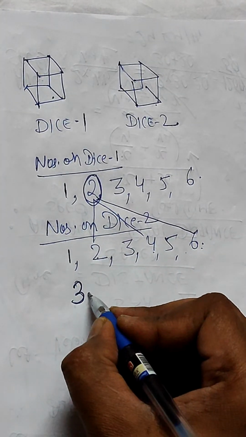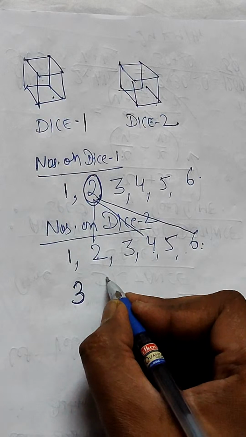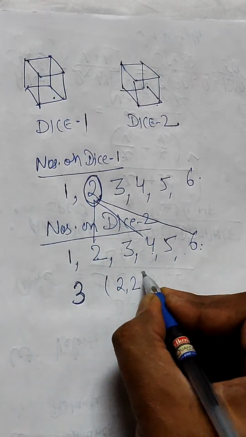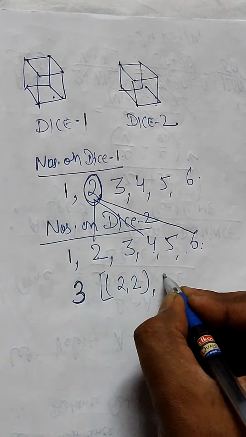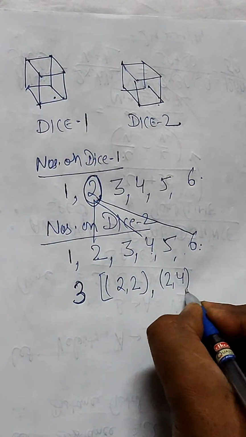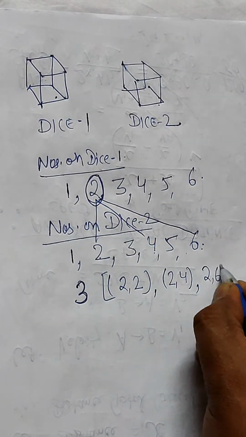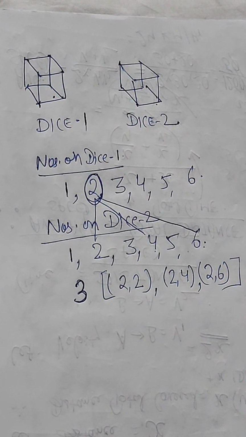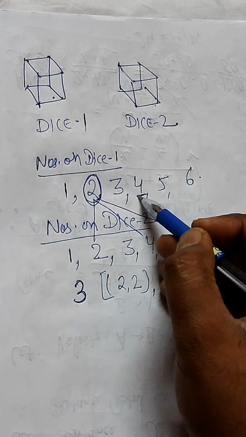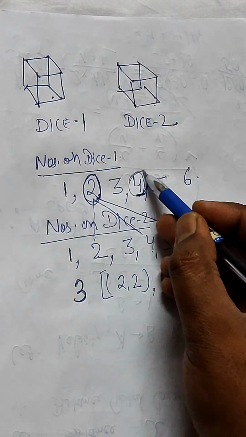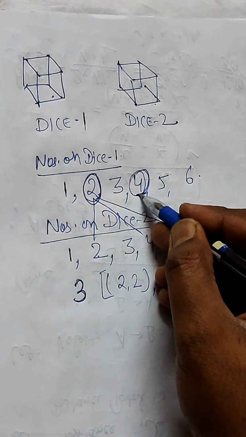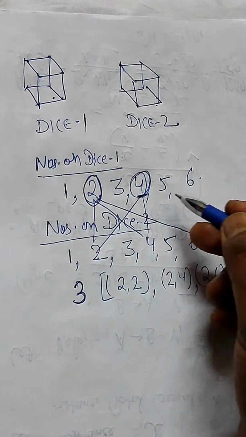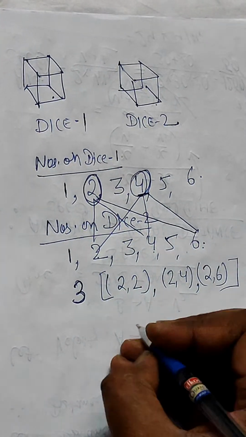So the count 3 will be like this: 2 2, 2 4, 2 6, right? Now in the second attempt, when we have 4 on the dice, then it can be 4 2, 4 4 and 4 6.